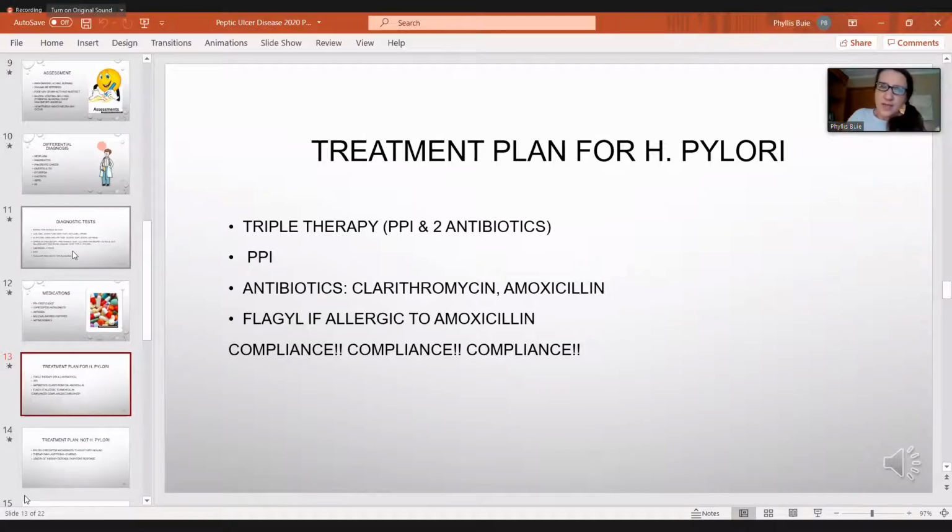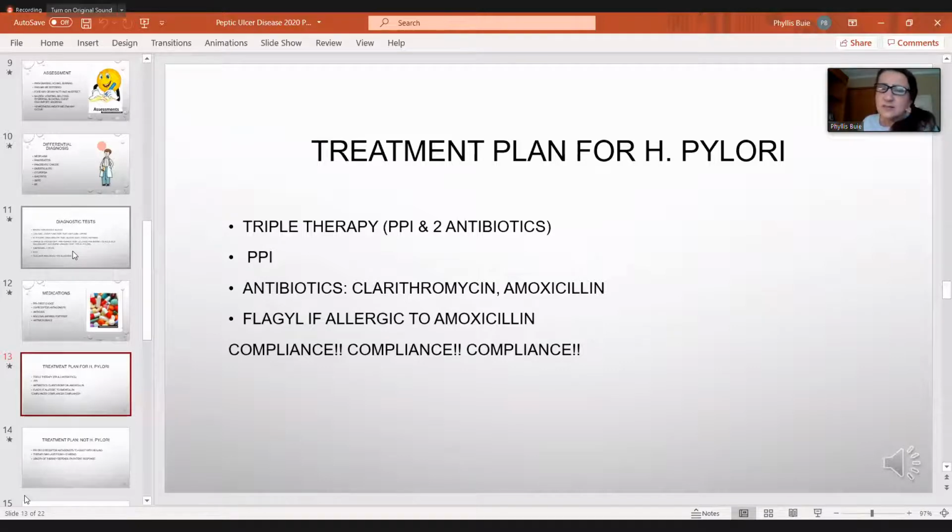We're going to usually have a proton pump inhibitor and 2 antibiotics. It may be amoxicillin or clarithromycin. Flagyl is usually used if they're allergic to amoxicillin. And sometimes patients will tell you that they don't feel real well when they're taking Flagyl. It just makes them feel really tired and just yucky.